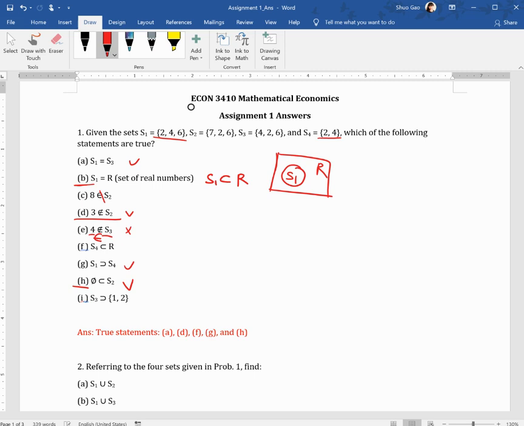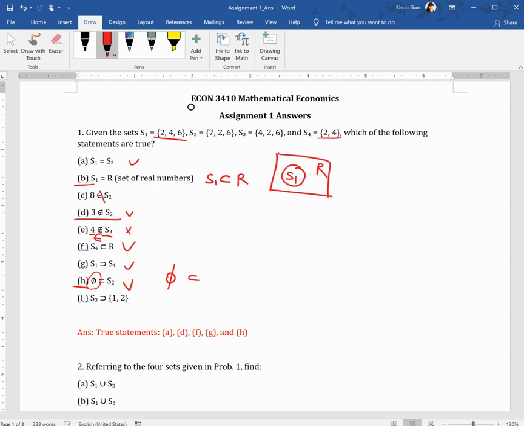And H is also right because this is an empty set. An empty set is a subset of all the sets. So H is right.